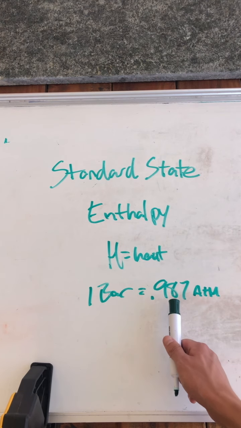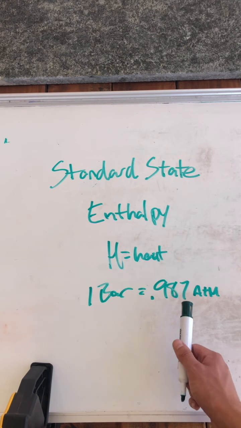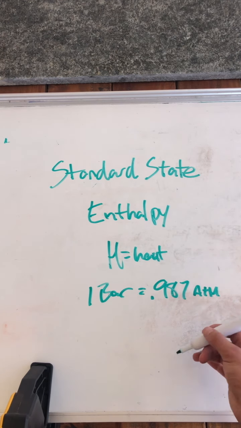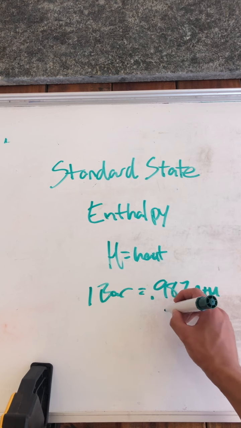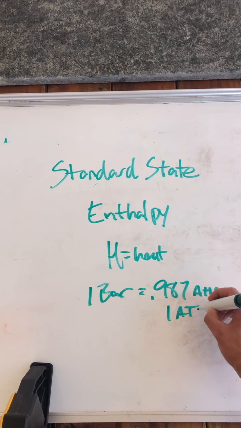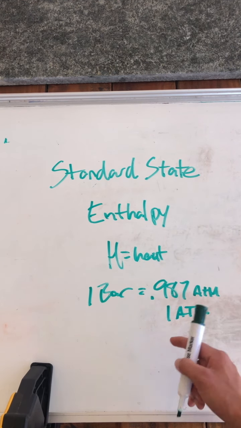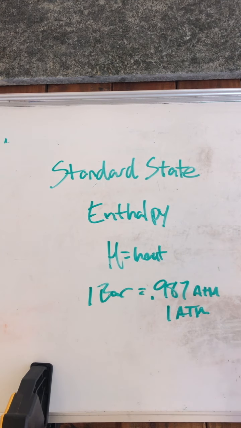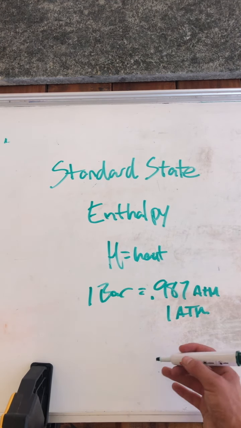So because this, what is that, 0.013, because that doesn't make that much of a difference, it's a very small change, it commonly doesn't change the outcome of a reaction. You might also see some people abbreviate it just to 1 atm, right? Because it's only off by 0.013, which is not a lot.